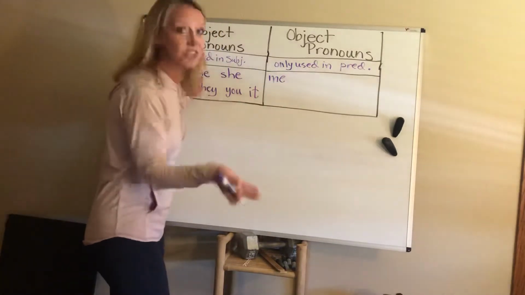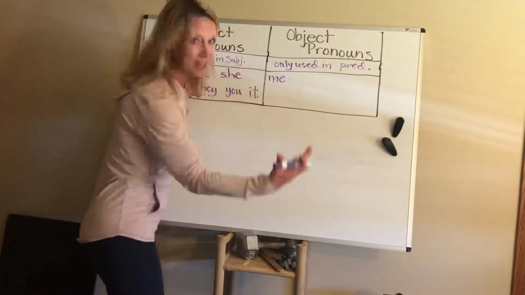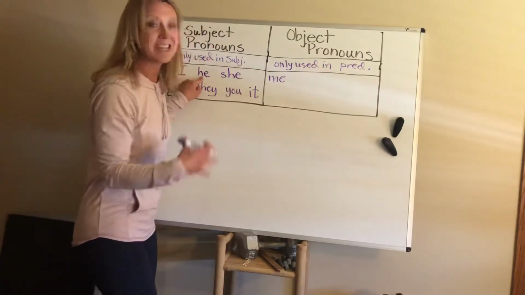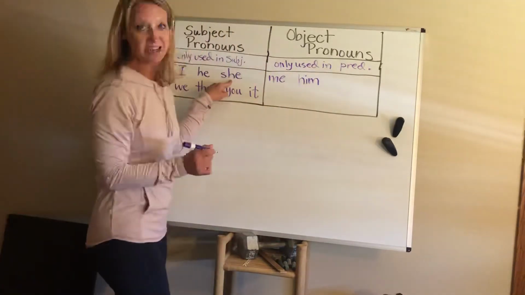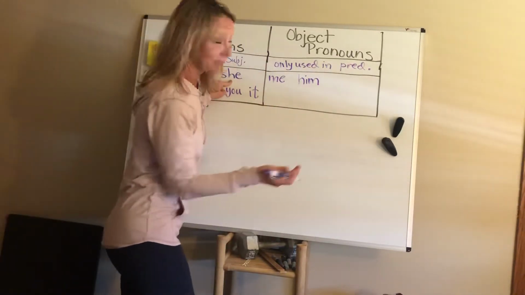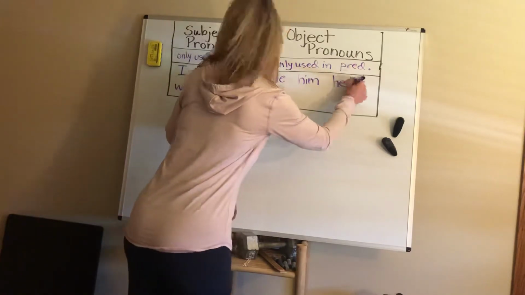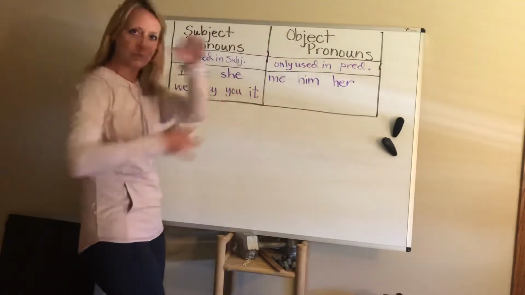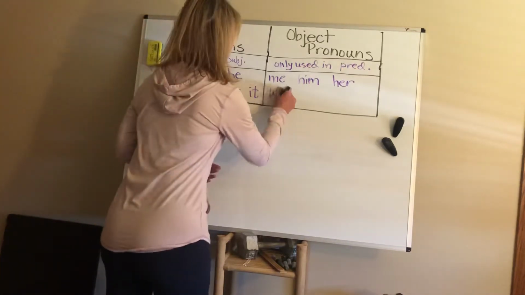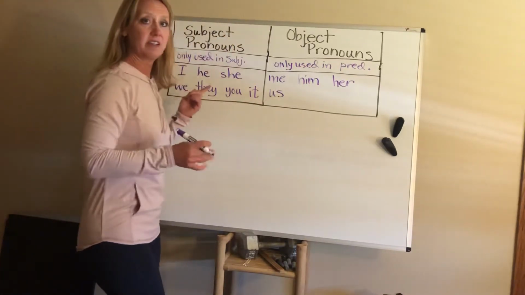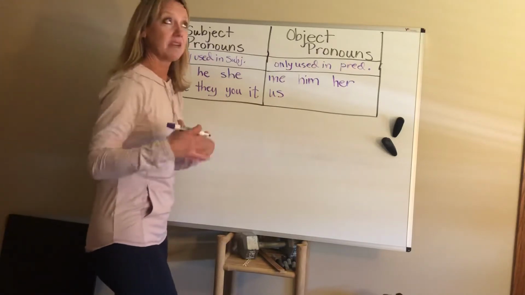He also has an alter ego. Instead of he, it would be him. She, it would be her. We, a group of people, instead of we, it would be us. And they, the alter ego of that would be them.